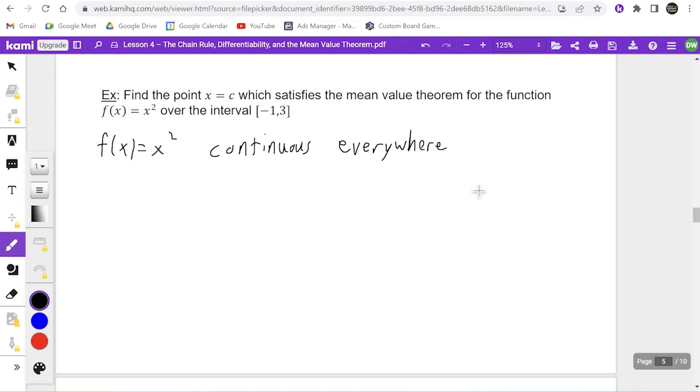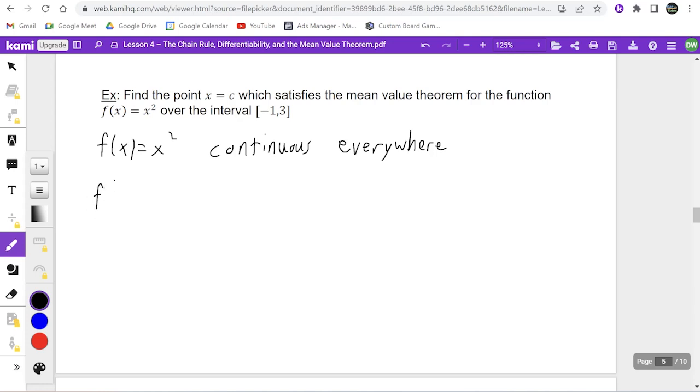Basically, the only thing you have to watch out for is square roots in the denominator. I'm sorry, I combined those two. Square roots, like negative square roots, and 0 in the denominator. Those are the only two things you have to watch out for the most part. And since x squared doesn't have a denominator, it doesn't have a square root, it's continuous everywhere, which is great. And now I have to say, where is it differentiable?